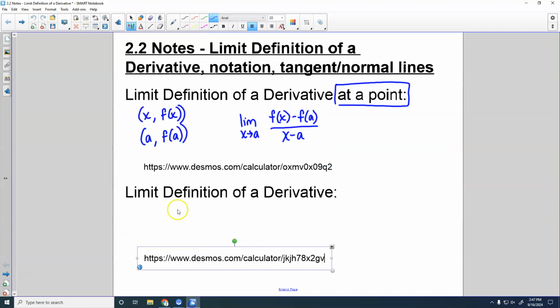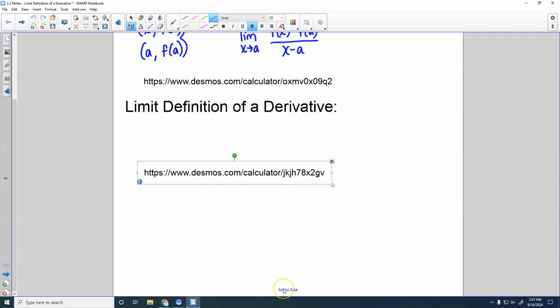All right, so let's look at what this will look like for us here. This time, the points that I'm using are going to be x, f of x. That's not changing, right? That was the same on the other problem. And then I've got x plus h, f of x plus h. So if I'm still looking at slope, right?